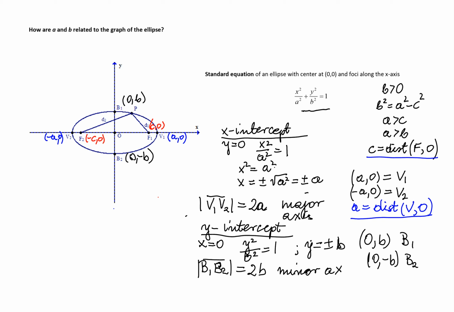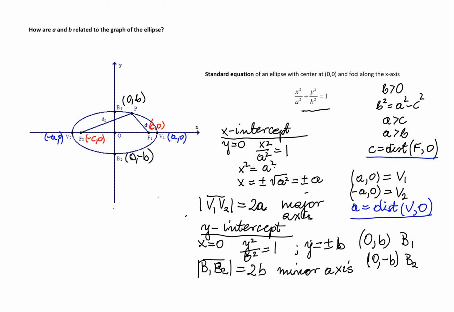Now, since we know that a is more than b, by looking at the lengths of those two segments, you can say that the major axis is going to be longer than the minor axis, hence the names.